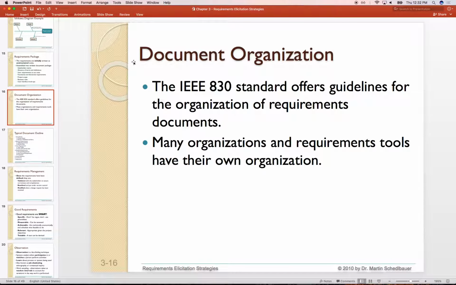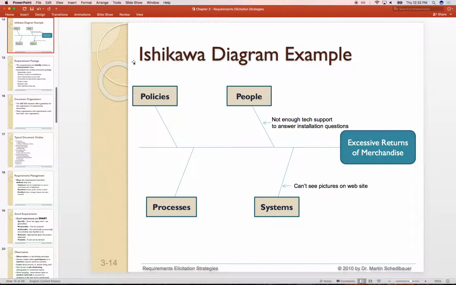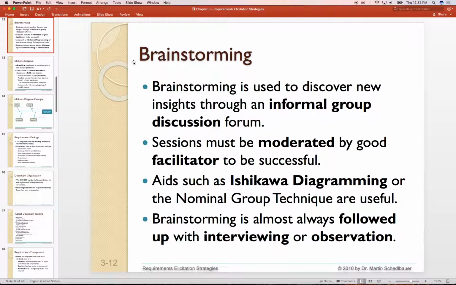So brainstorming. I think these slides should have a different organization. Typically, once you've had these very unstructured discussions, they're followed up by interviews, where we can have more one-on-one conversations, or also observations, where we can follow you around, or look at the forms you're using, and just observe like a fly on the wall, looking at what you're doing.